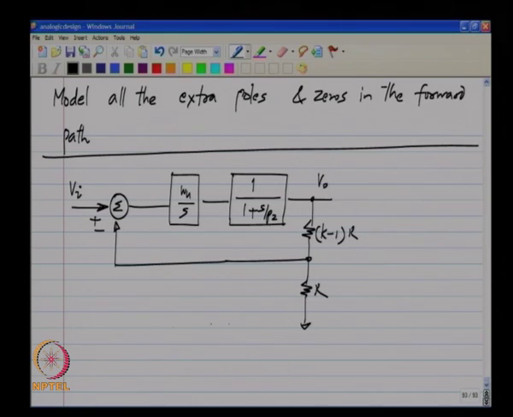So, now what I can do is I can calculate V naught by V I for this case and see what happens. The way to calculate V naught by V I is like we have been doing all along.